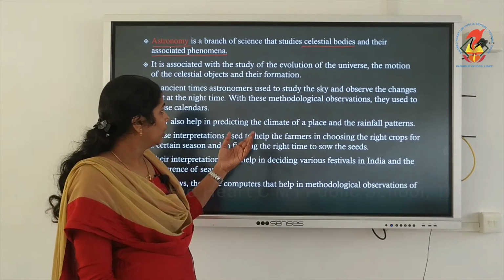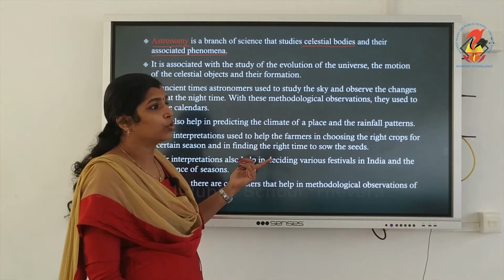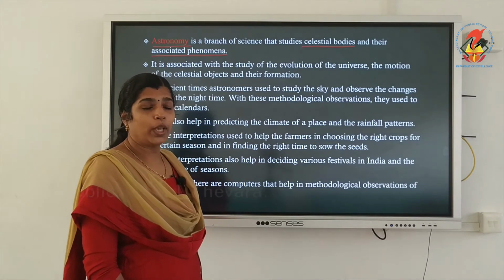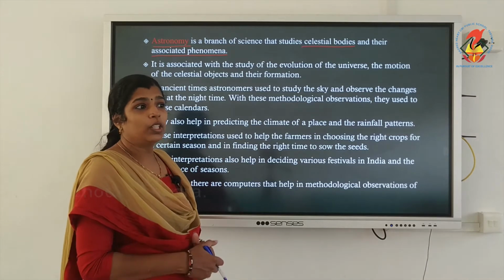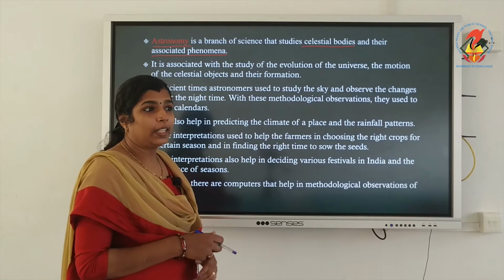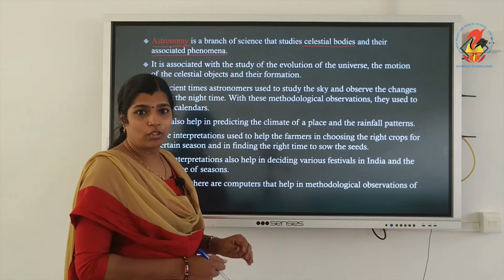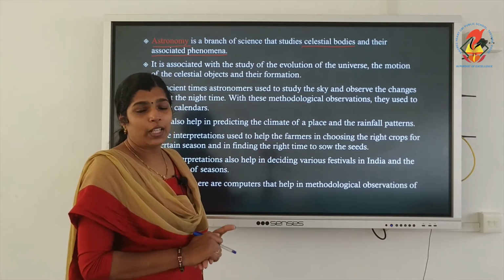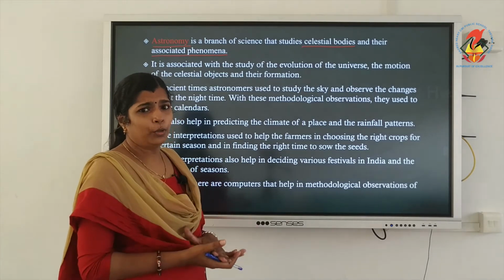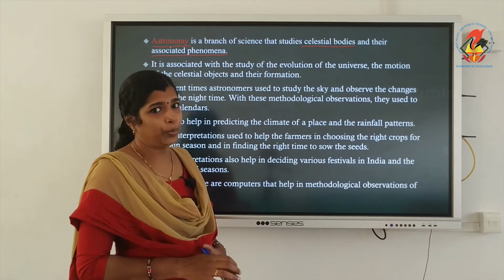With the help of these interpretations, they would choose the most suitable climate to sow a seed, and they would observe changes in climate or changes in seasons. They would decide the various festivals in India. All these are related to the study of celestial objects in ancient days. Now we are doing the same thing, but with the help of computers.